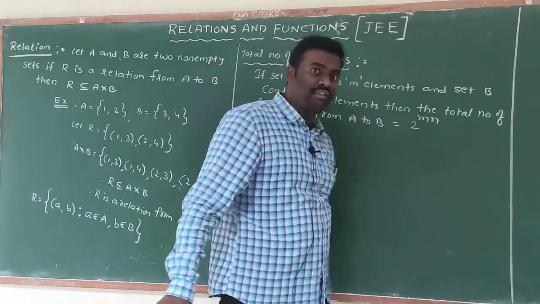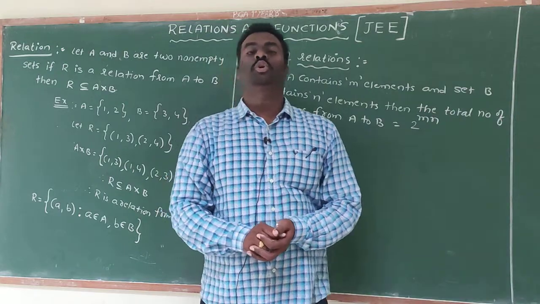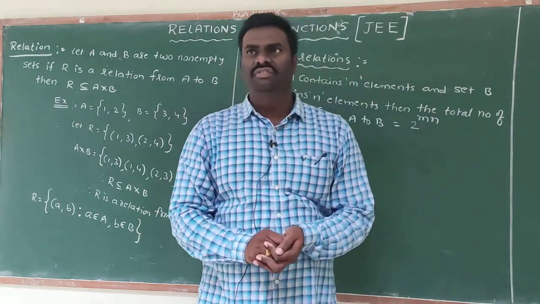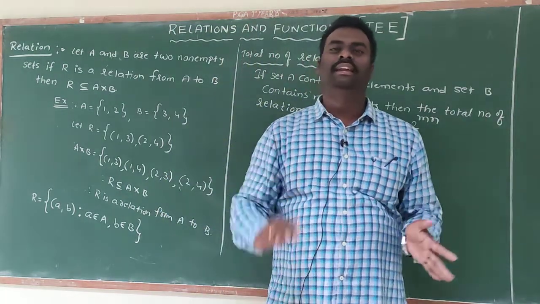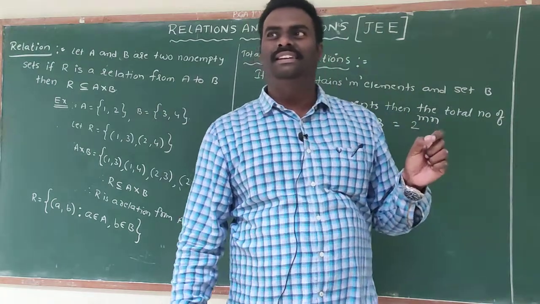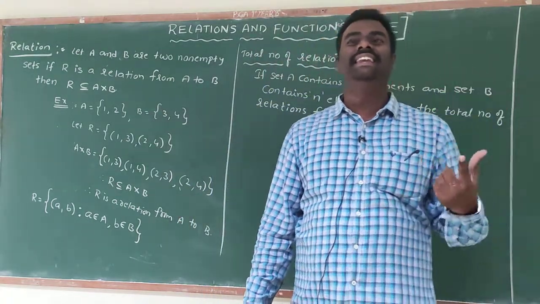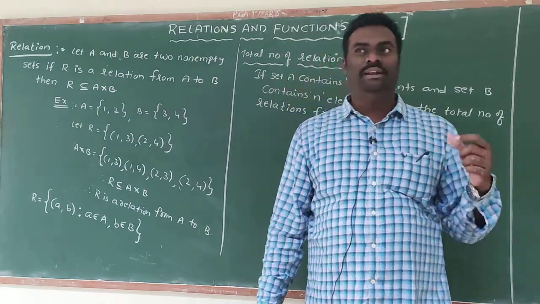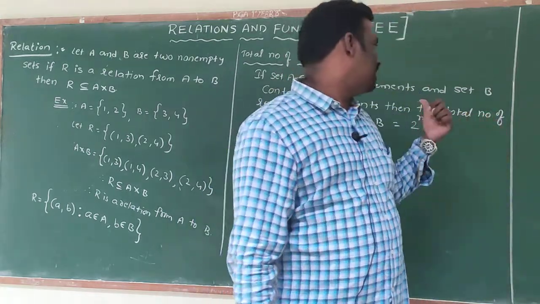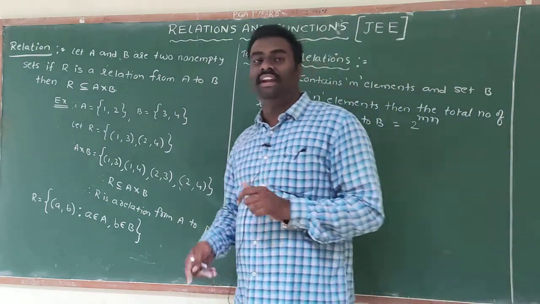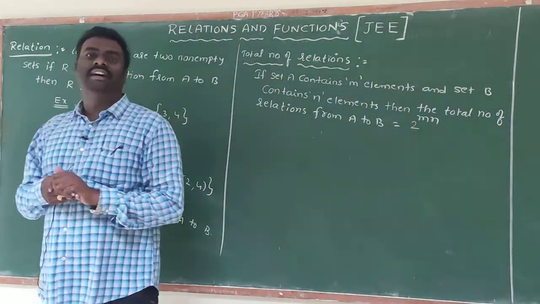This is the formula for finding the total number of relations from A to B. Here m is the number of elements in capital A and n is the number of elements in capital B. So this is the formula for finding the total number of relations.